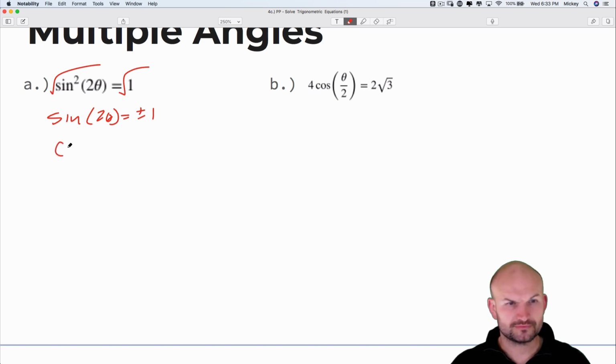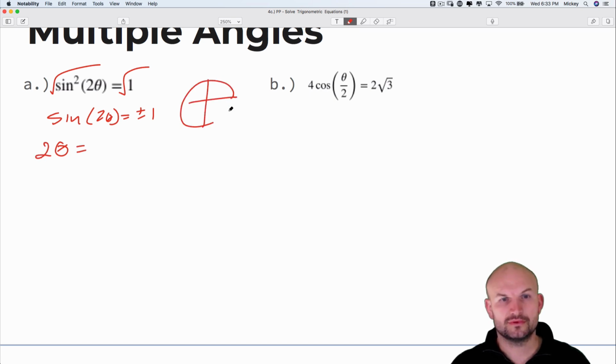So we can say 2 theta is going to equal, on the unit circle, it's equal to 1 here and here. So we have these 2 angles, which are pi halves and 3 pi halves. But notice how they are pi away from each other. So therefore, I'm going to say plus pi n.